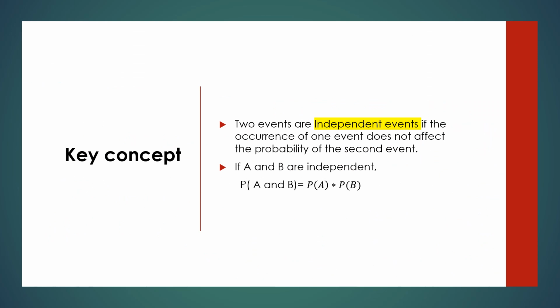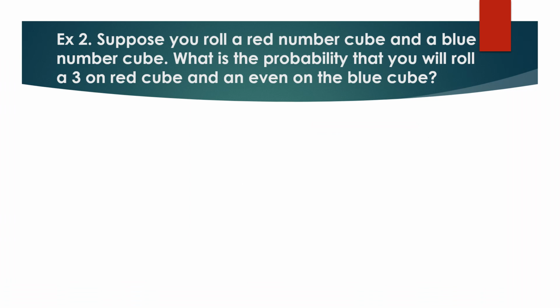All right, key concept. If two events are independent, then that means that one event does not affect the other, and in that case, we have this formula right here. All right, so example number 2 says, suppose you roll a red number cube and a blue number cube.